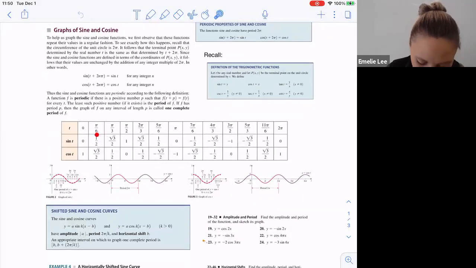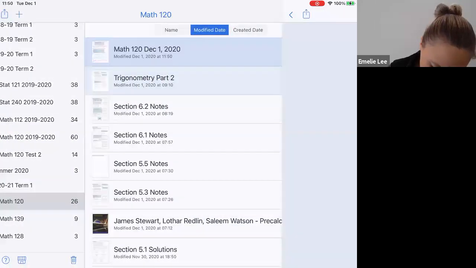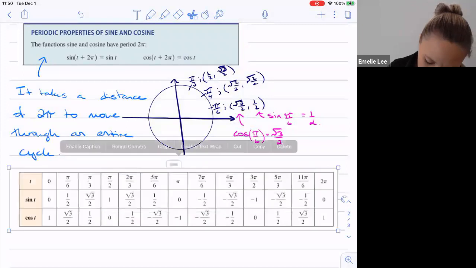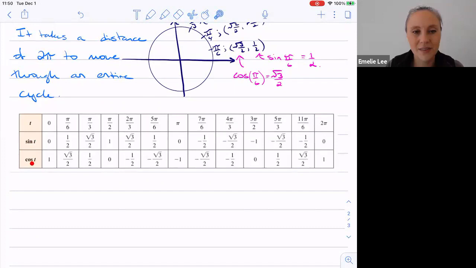What you can do is little check-in points like we kind of did verbally there. For the cosine, if I'm following just my x values around, if I start at a length of 0, these up here, the t's are going to be replaced with angles. So we'll start calling them angles, even though we've been talking about them as if they're the distance on the circle, which they are.